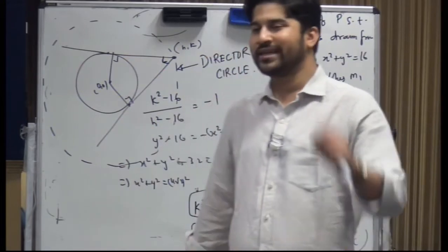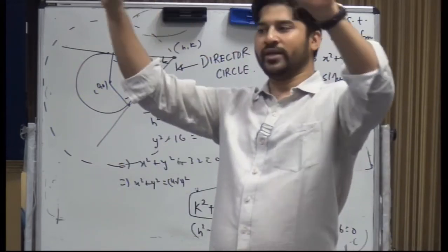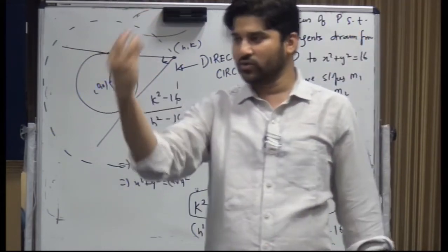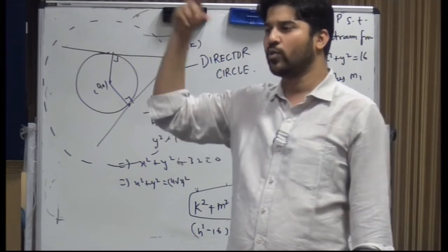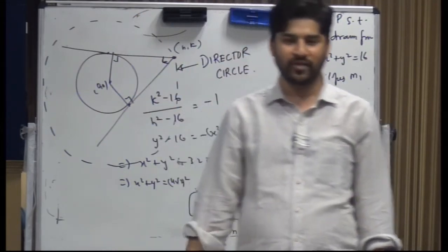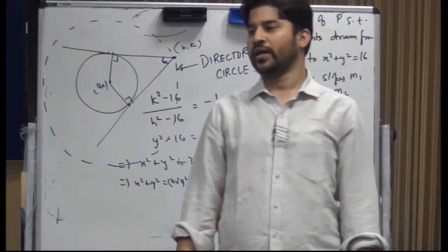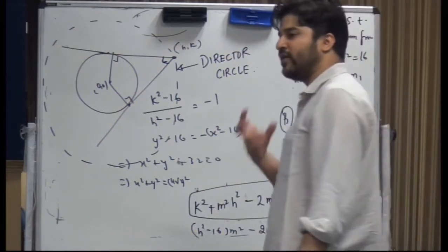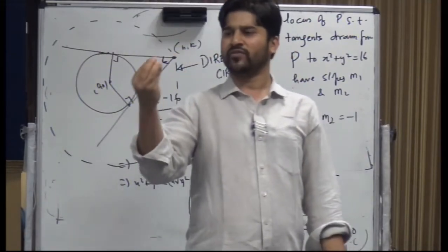Now you know the distance from the center to the tangent is equivalent to the radius. The center is 0, so you put 0. You applied the distance formula from point to a line, which is mod of ax1 plus by1 plus c upon under root a square plus b square, and you knew that x1 and y1 is nothing but 0. So ax1 and by1 is going to vanish.